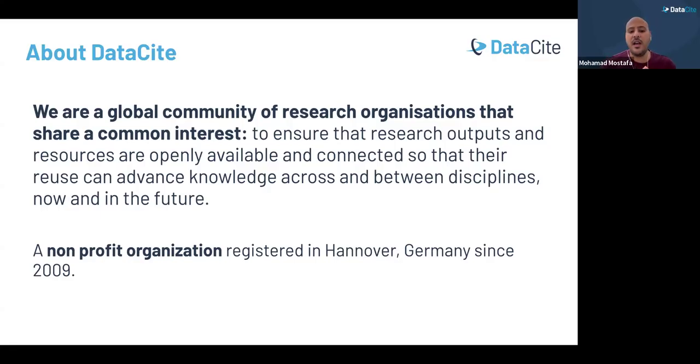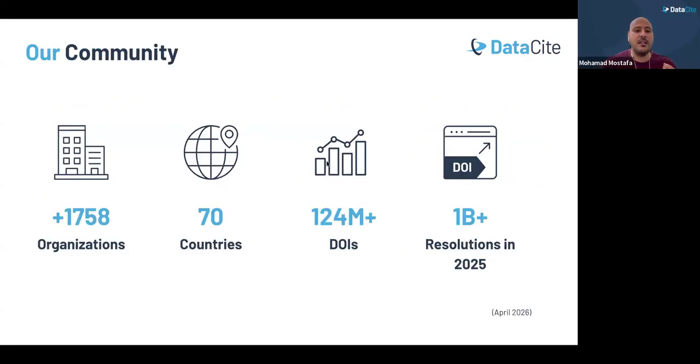DataCite is a non-profit organization, registered in Germany since we started in 2009. Within the DataCite community, we currently have over 1,758 organizations. When we talk about organizations, we have a wide spectrum that join DataCite.